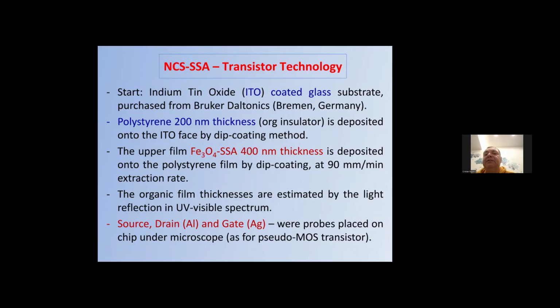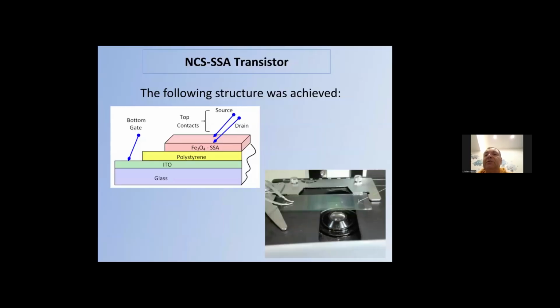Then the electrodes, the source, drain, and gate, the source and drain by aluminum, the gate by silver, were probes placed on the chip under microscope, using the pseudo-MOS transistor configuration as you see in this picture. So the conceptual structure of a pseudo-MOS transistor is on the left side.